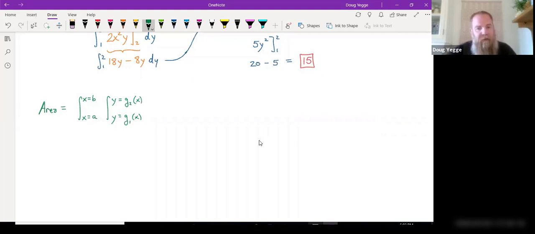But if we wanted to calculate this, that would mean that dy would have to be first, dx would have to be second, but more importantly, the integrand would have to be 1.